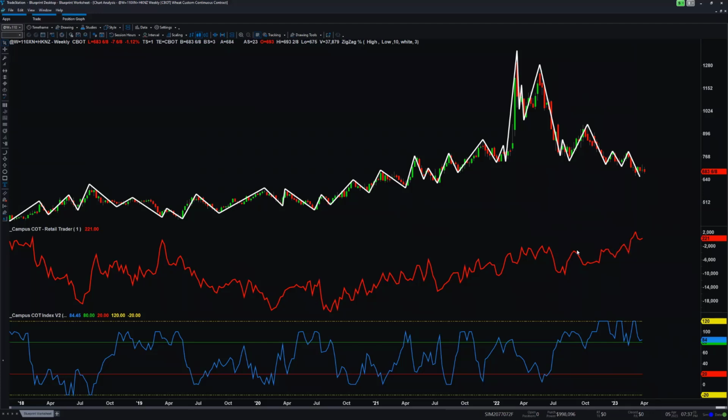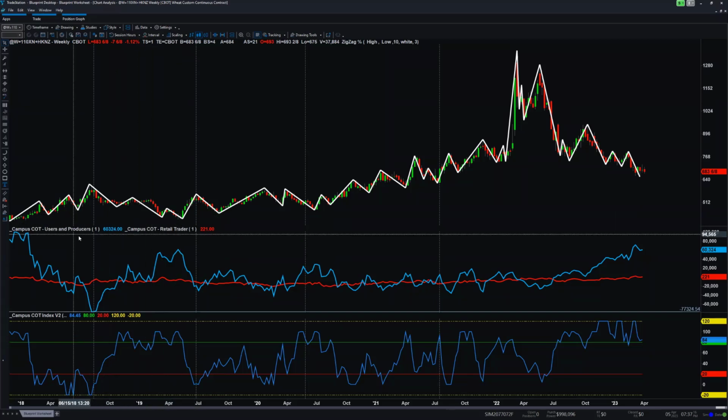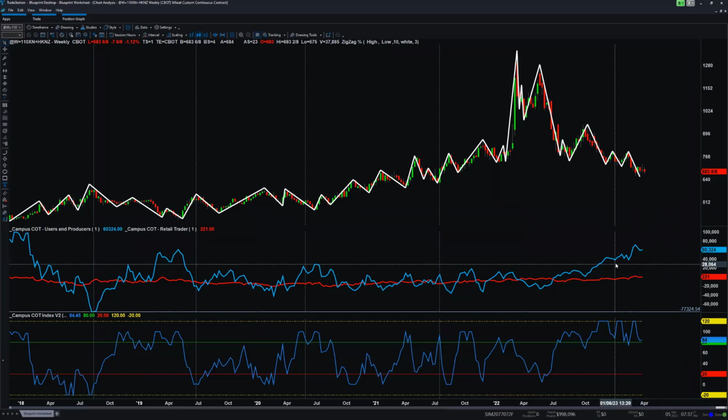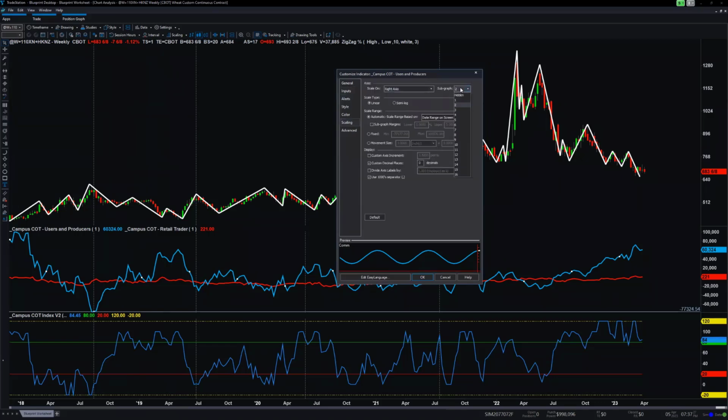And then I could say, well, what are the users and producers doing? If you ever get that they are overlaying each other, that they're put in the same category, in the same graph here, then you can double click on either of them, go to scaling, and put them into another subgraph.